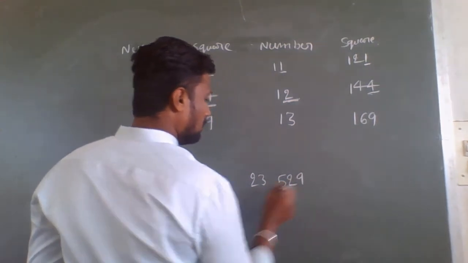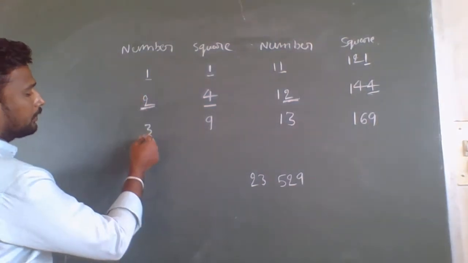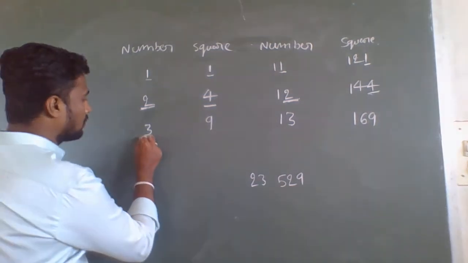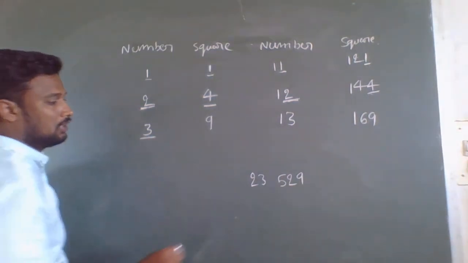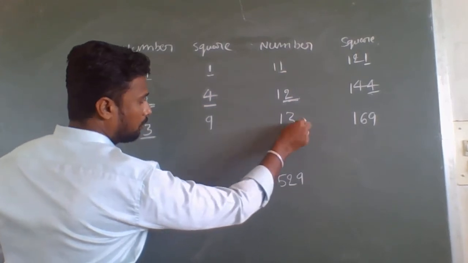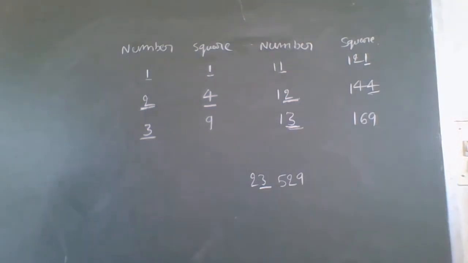So again you can observe now, when in one number at the unit place 3 is there, here also it is 3, here also at the unit place in 13 3 is there, in 23 3 is there at the unit place.